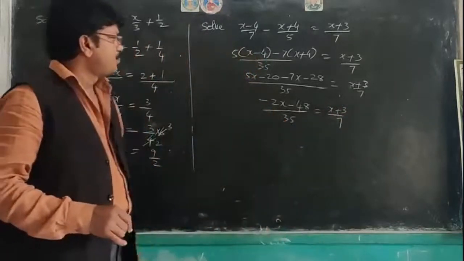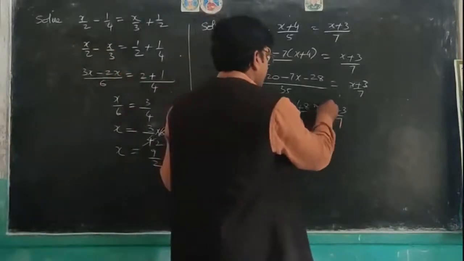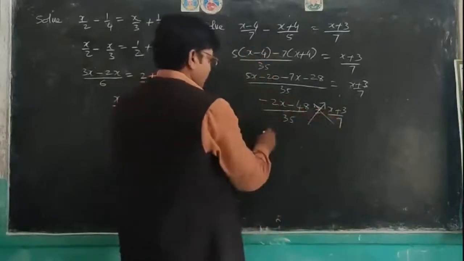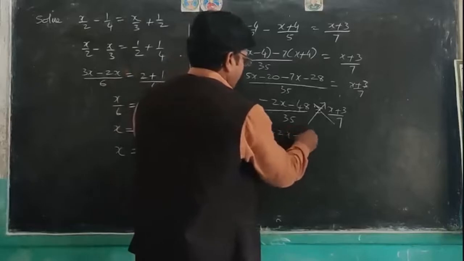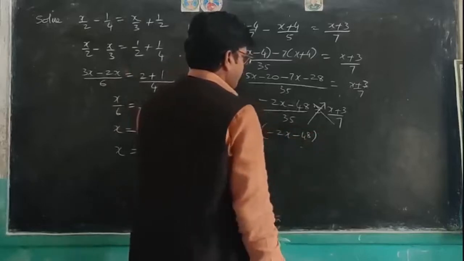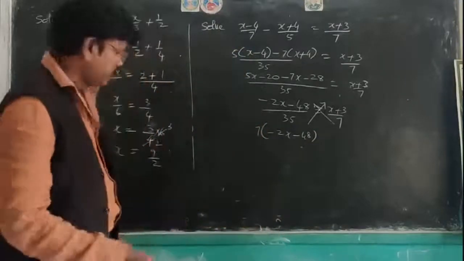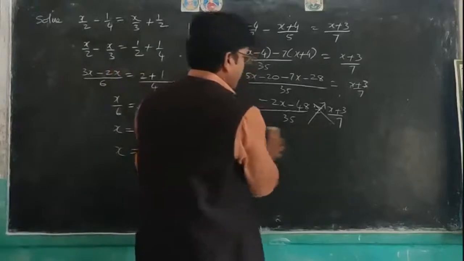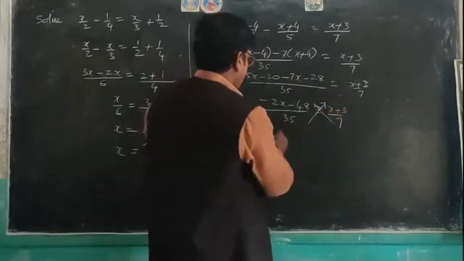Now do cross multiplication. Cross multiplication means 7 transposing to LHS: 7 into minus 2x minus 48. Or else, if it is easy, before going to cross multiplication, we just send 35 to RHS.